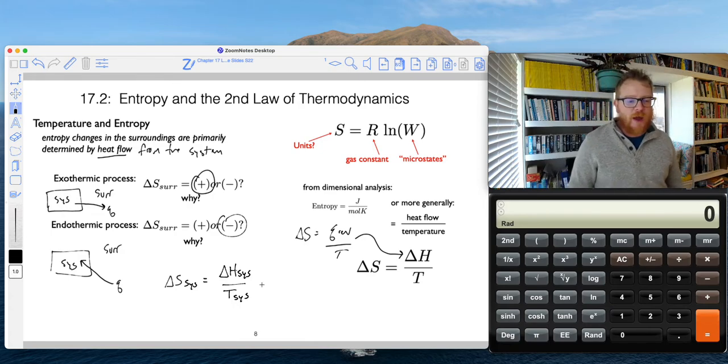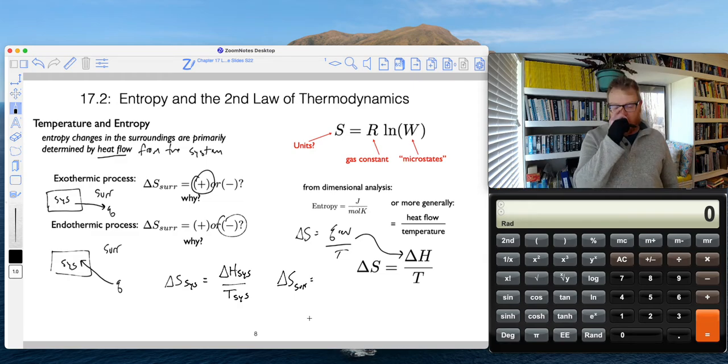But what if I want to talk about the entropy of the surroundings? Delta S surroundings. Well, we are often hard pressed to calculate the enthalpy of the surroundings because in chemistry it's all about the system. Because we see this opposite relationship, we can say the delta S of the surroundings is negative delta H of the system divided by the temperature of the surroundings.